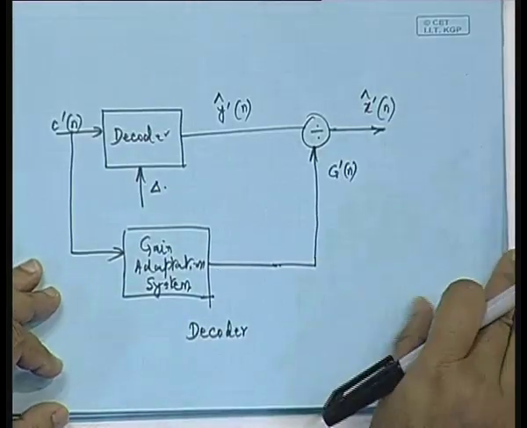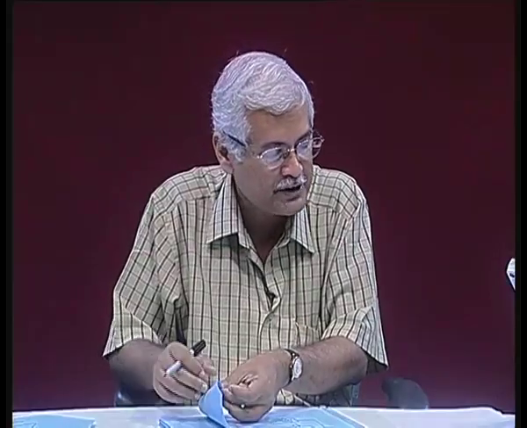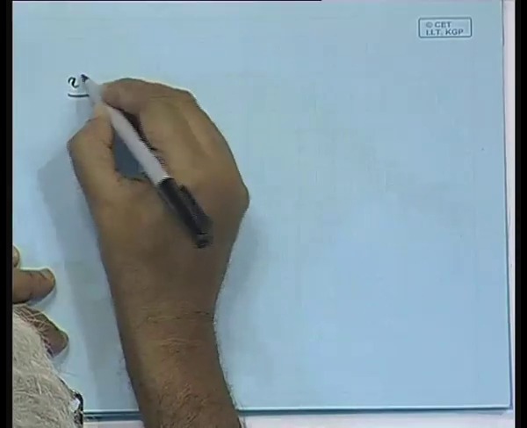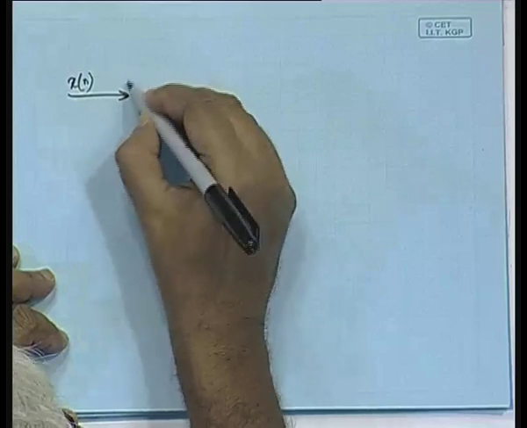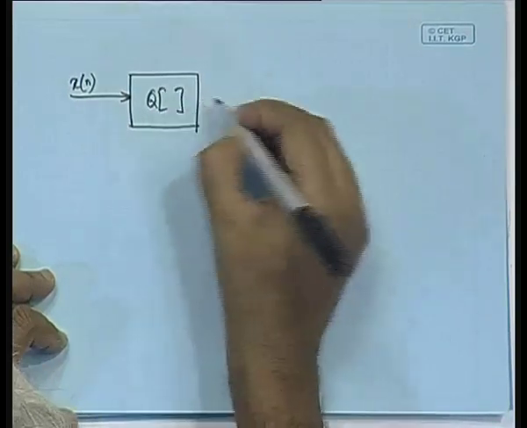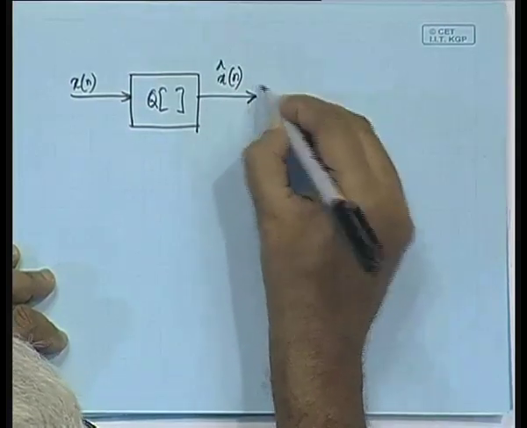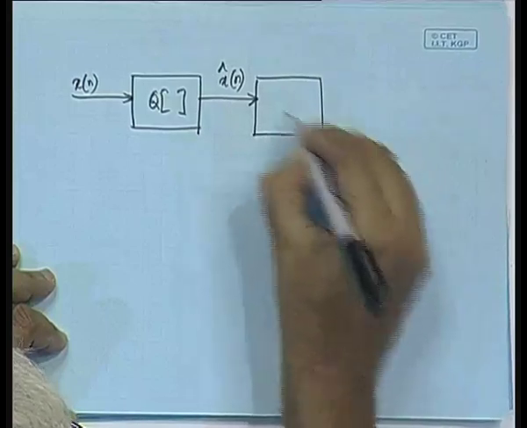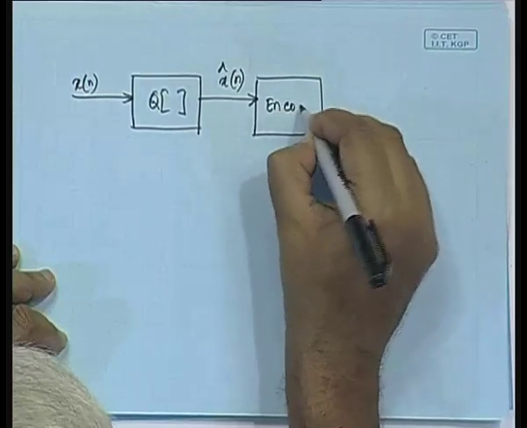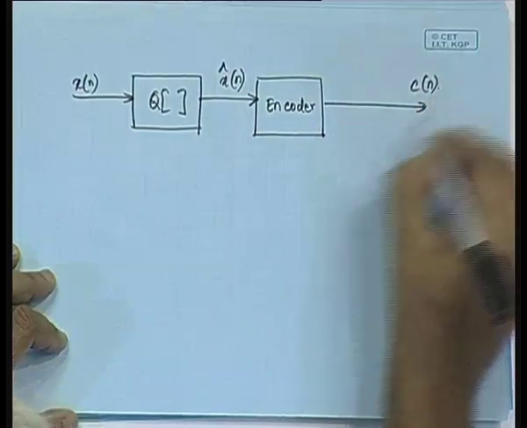Okay, so this is for the gain, and for the step size feedback adaptation, that would go like this: X of n will be the input, and then we have the quantizer Q, and the output of the quantizer is X cap of n, and then we will have the encoder, and the output code word we will call C of n.